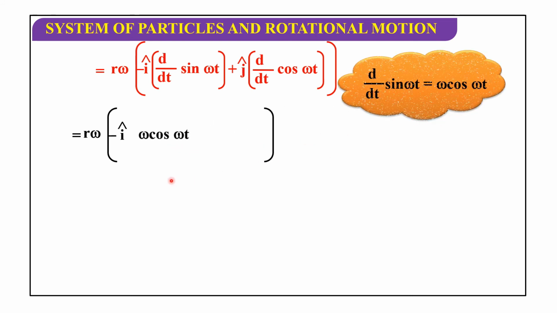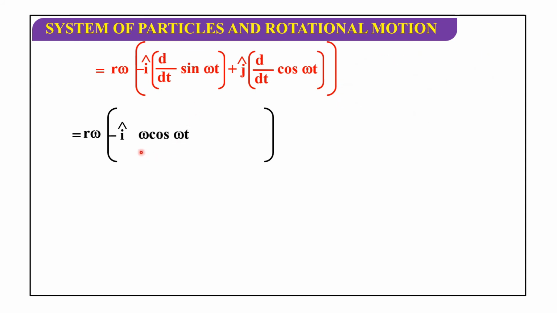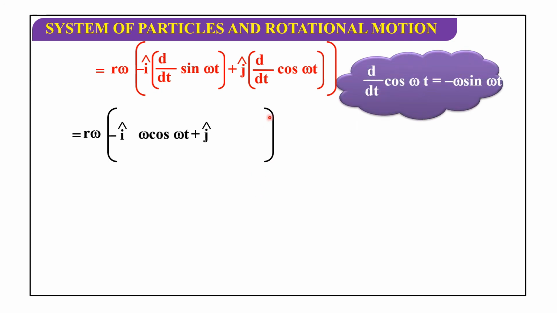So here we are writing, in place of this, omega cos omega t plus j cap d by dt of cos omega t, minus omega sin omega t. So this can be written as minus i cap omega into omega, omega square cos omega t, minus j cap r omega into omega, omega square sin omega t.